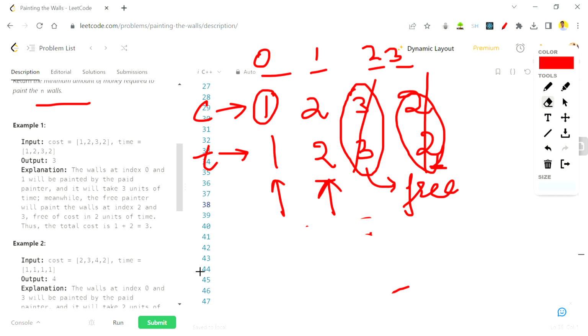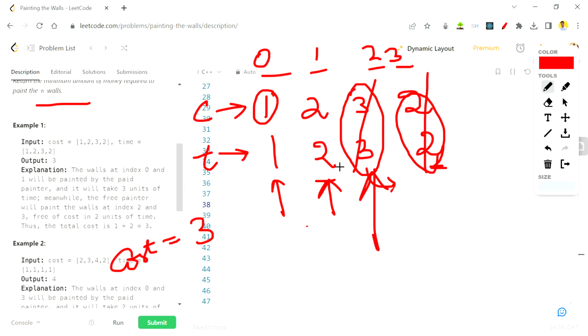But suppose I'm choosing this one to be assigned to the paid painter, in that case the cost associated will be 3.